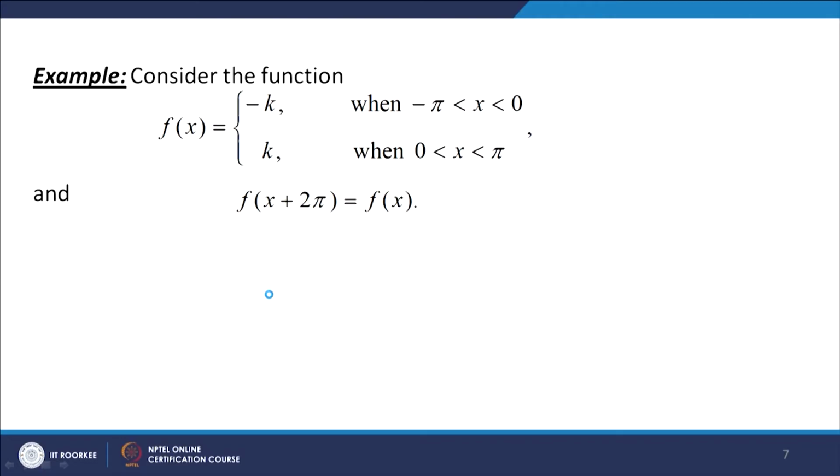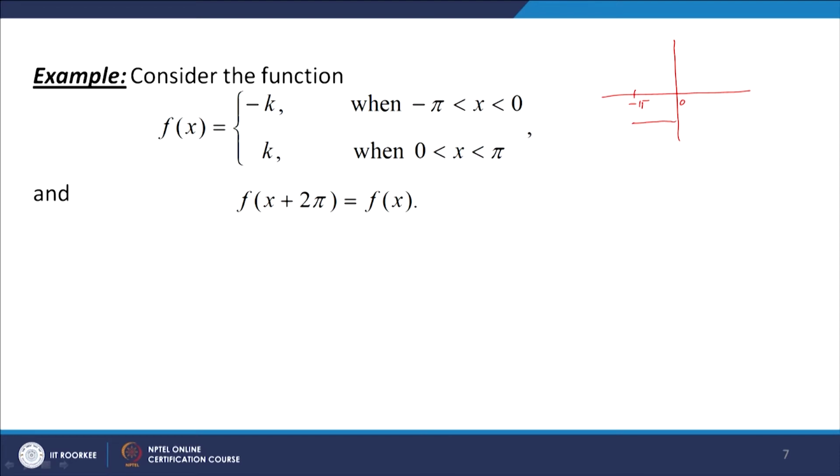So, consider the function f(x) equal to minus k when minus pi less than x less than 0, and f(x) equal to k when 0 less than x less than pi. Now, let us see the graph of this function. From minus pi to 0, it is minus k. Let us take k positive.